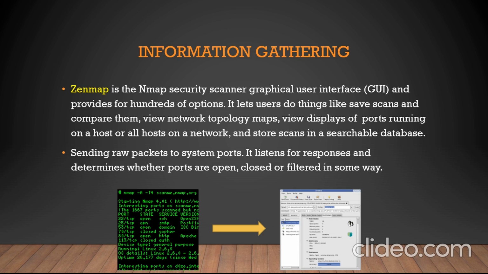It lets users save scans and compare them, view network topology maps, and view displays of ports running on hosts or all hosts on a network, and then store scans in a searchable database included in the Zenmap tools. This tool can also be used for sending raw packets to system ports, and it listens for responses and determines whether ports are open, closed, or filtered in some way.